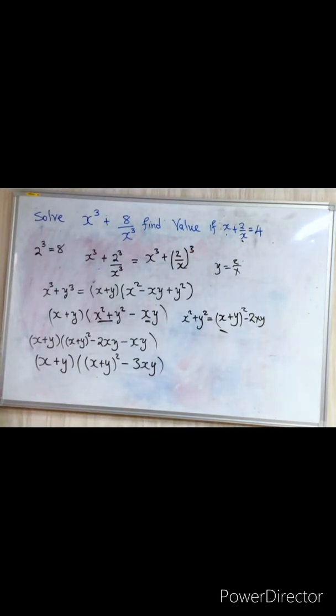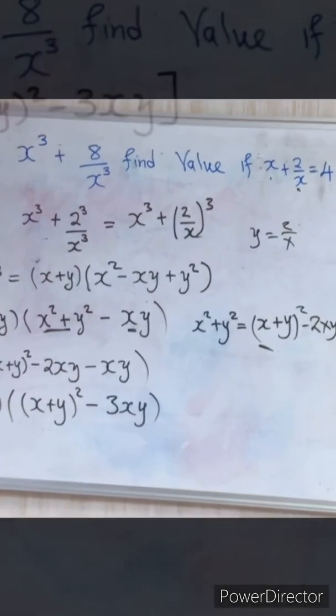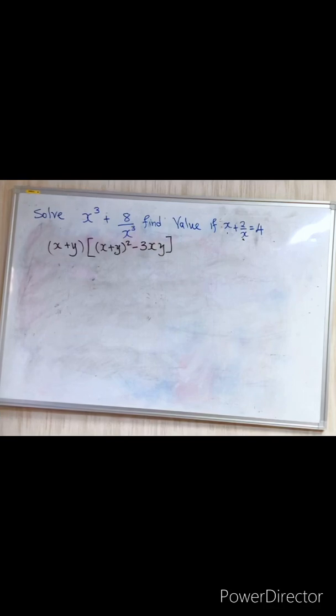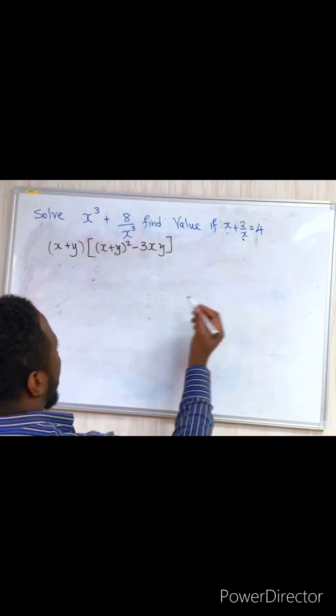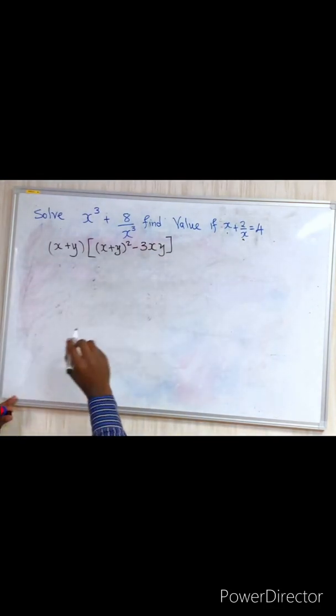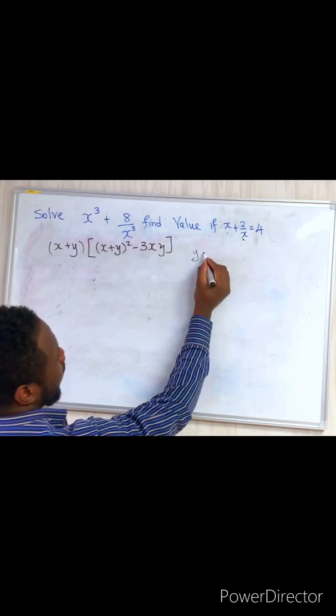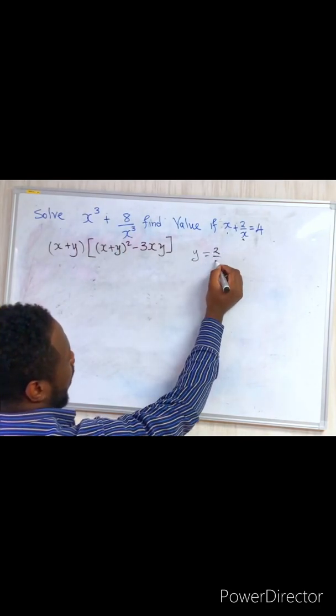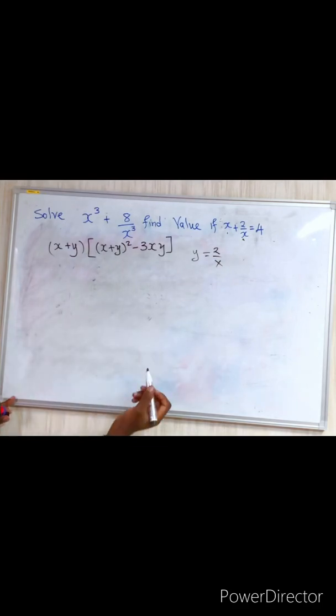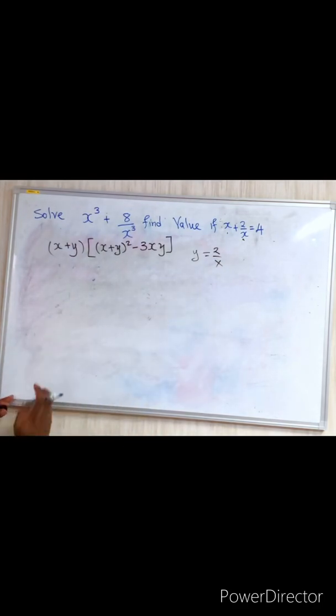So this was what we found, and we know that our y is 2 over x. So where there is y, we replace it with 2 over x.